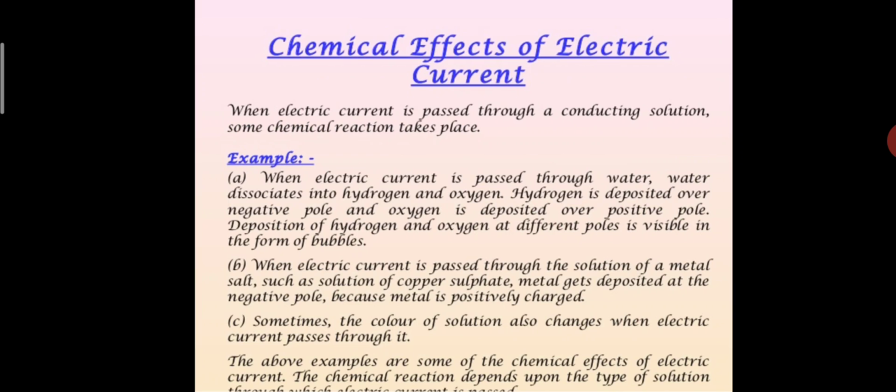When we talk about the flow of conventional current, it is from positive to negative, and when we talk about electronic current, it is from negative to positive. So both types of current exist. After that, chemical effects of electric current.